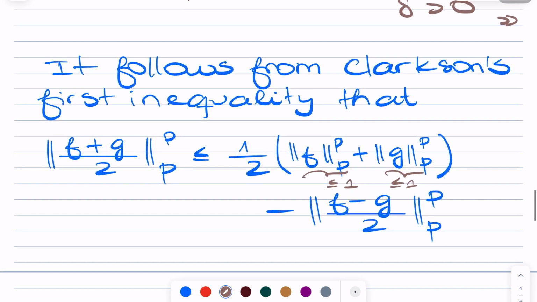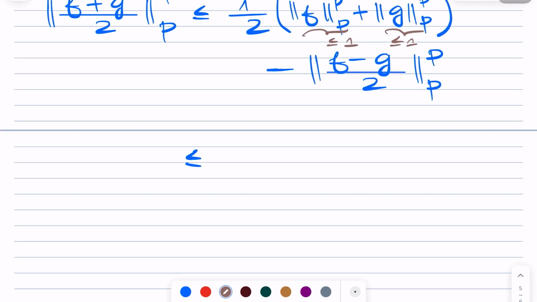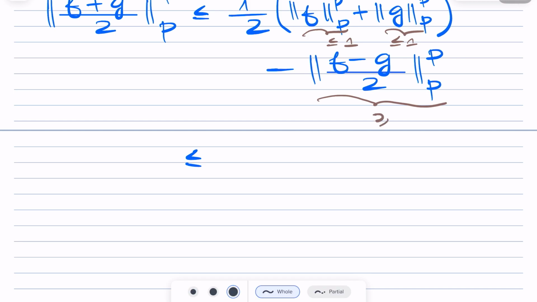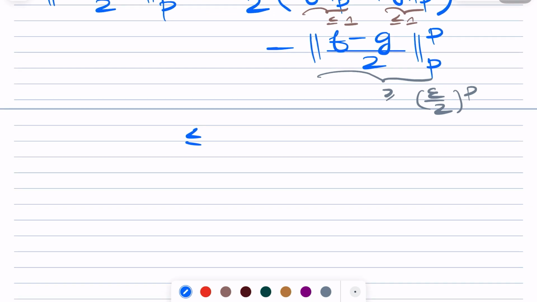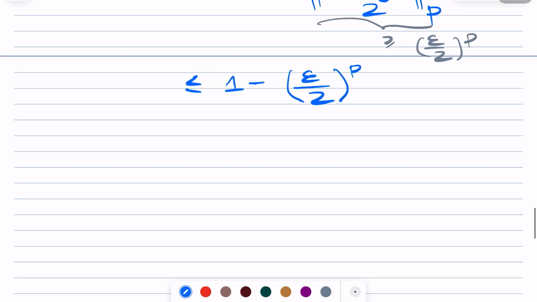So this quantity here is greater or equal than epsilon over 2 to the power p. So the right hand side is less or equal than 1 minus (epsilon over 2) everything raised to the power p.